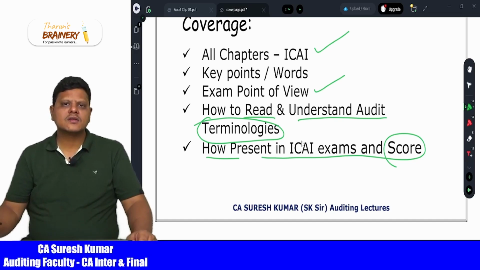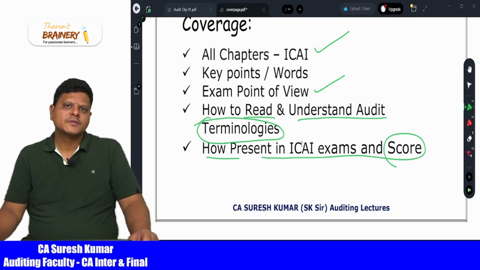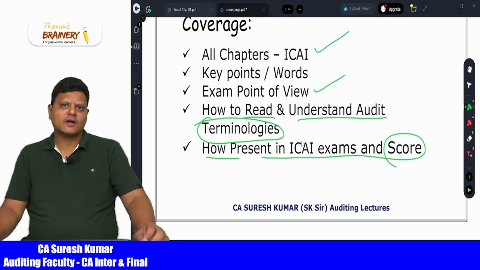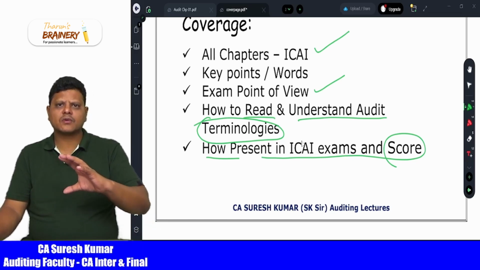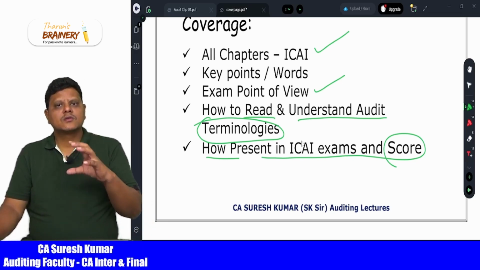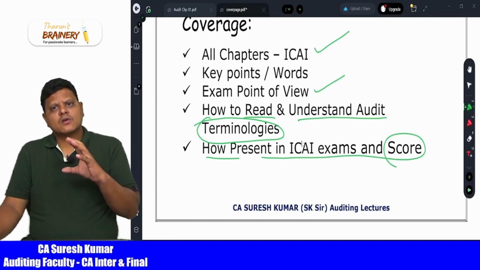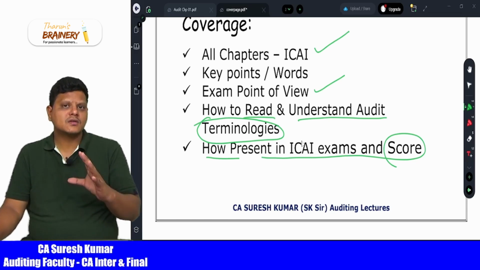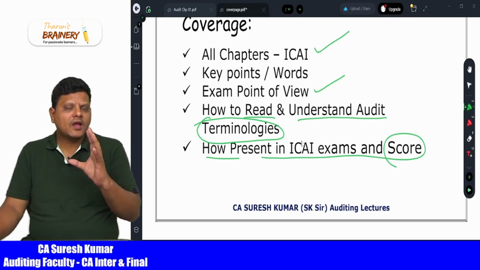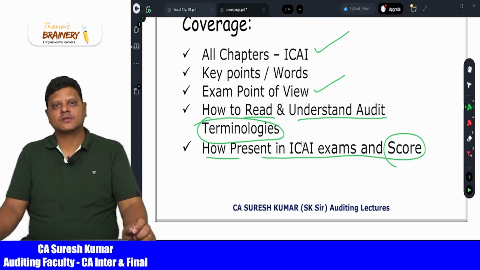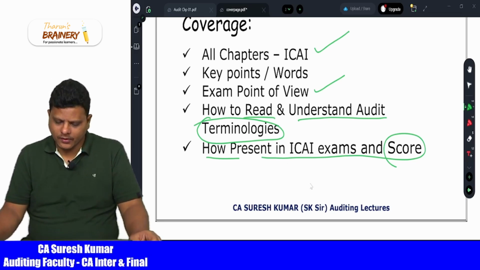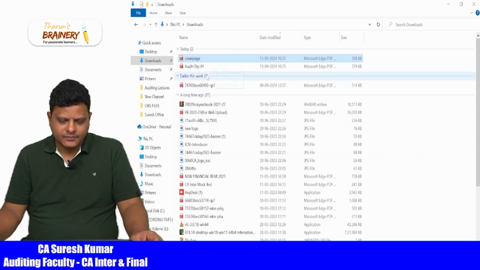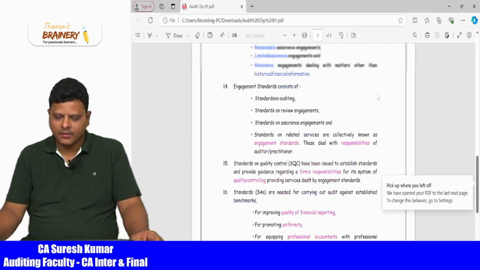Now regarding this, we start chapter by chapter. This entire lecture covers the key points of all chapters. We will discuss conceptually, in the way that you are going to understand the concepts. So now we will go for the first chapter given in the ICAI study material.